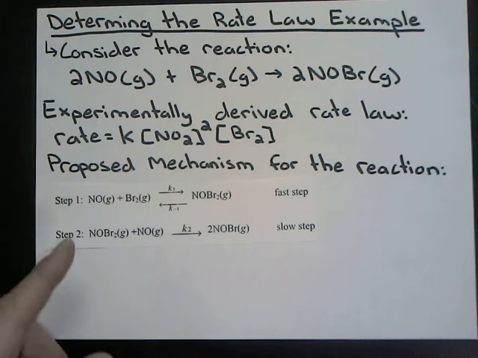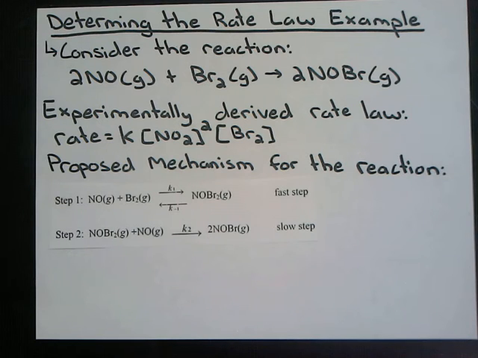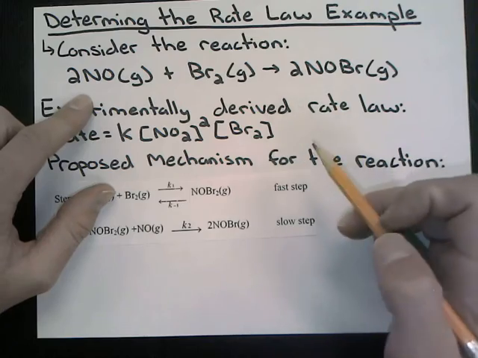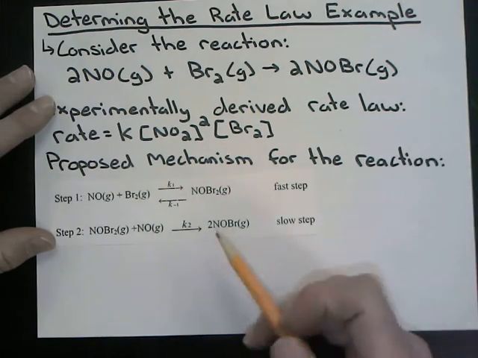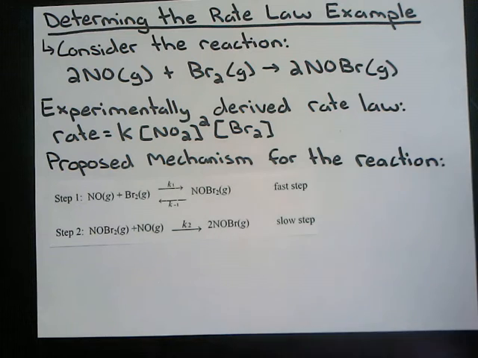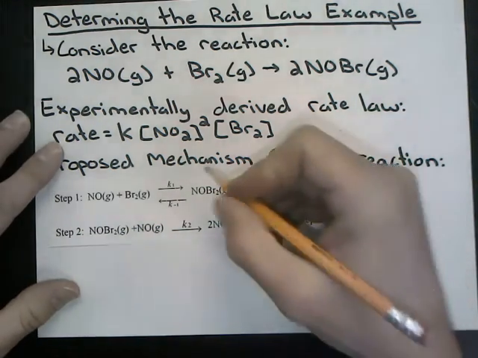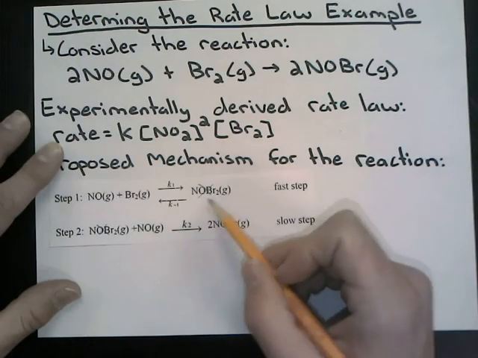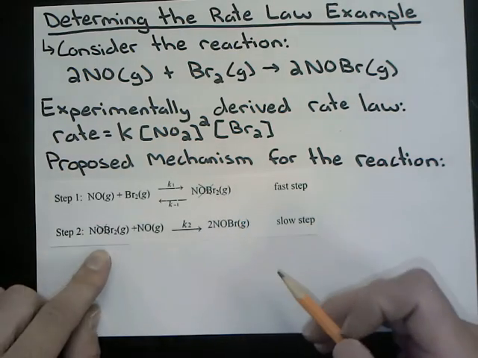We have these two steps, and what we want to do first is make sure that if we add these reactions together, they equal the reaction up top that we desire. Same rules apply: if you have one substance on the opposite side of another reaction, we can cancel it out. The thing we can cancel out is NOBr2. It's on one side of the top equation and on the other side of the bottom equation.